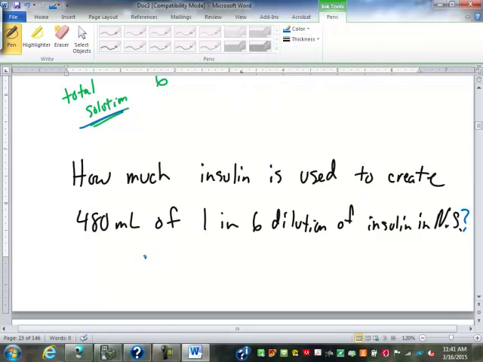So the 1 in 6 dilution, 1 in 6, the 1 represents the serum, in this case the insulin, and the 6 represents the total solution.